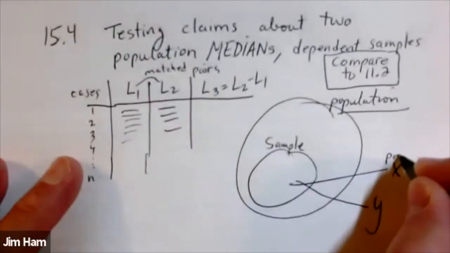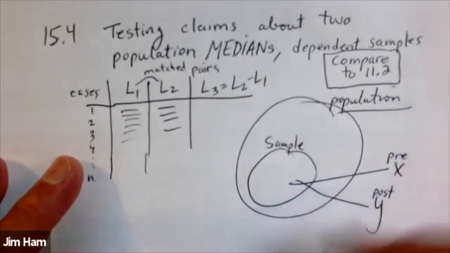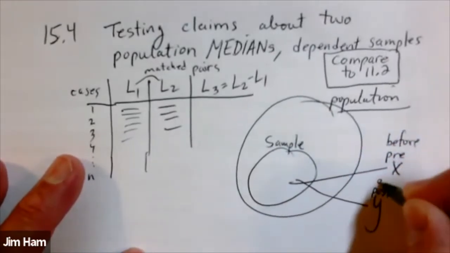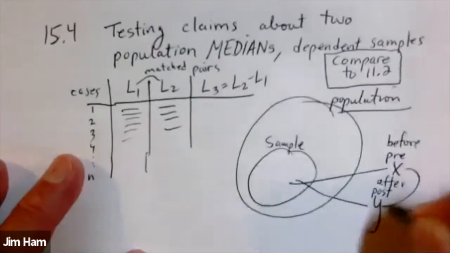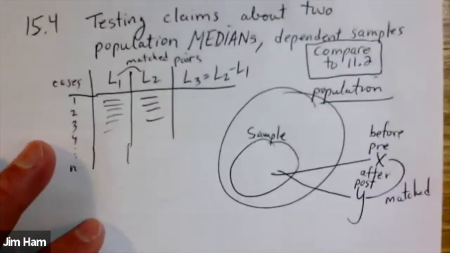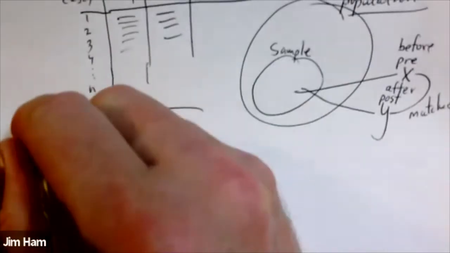So it could be a pre and a post test score, or something about before and after. Somehow these data values are matched, linked together. Knowledge of one would give you information about the other. Okay, let's take a look then at the steps.